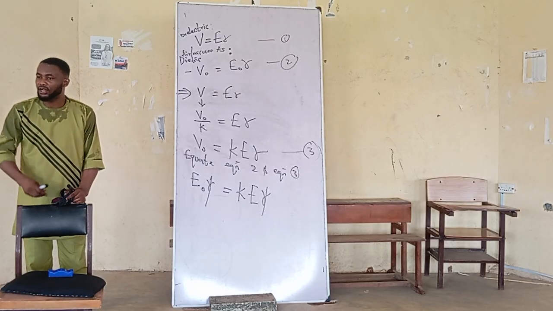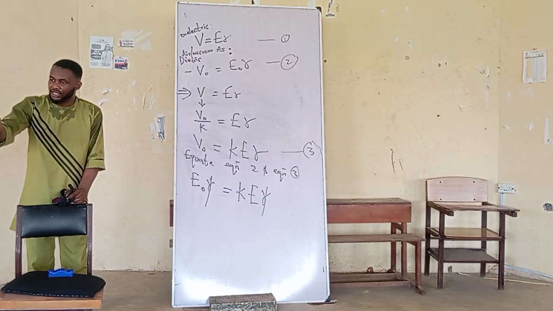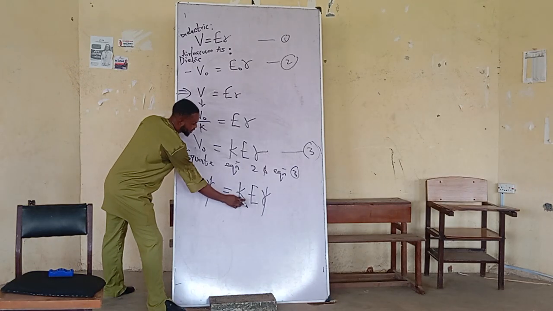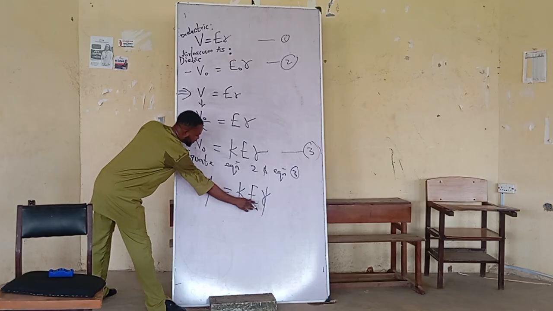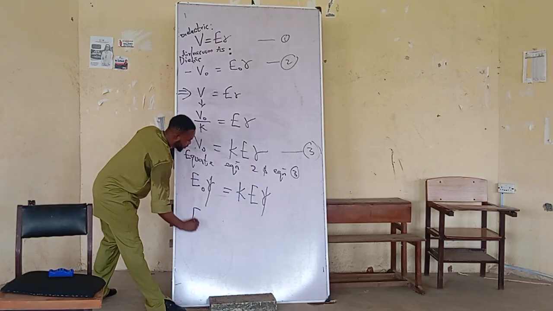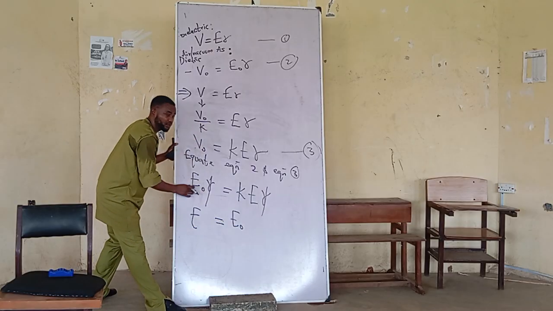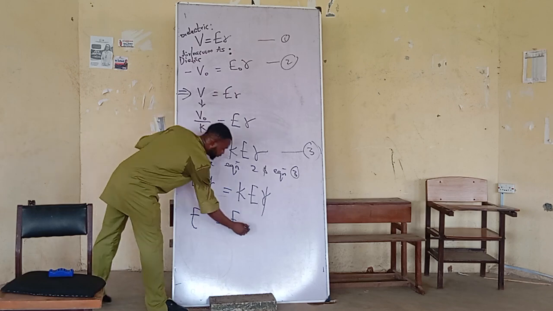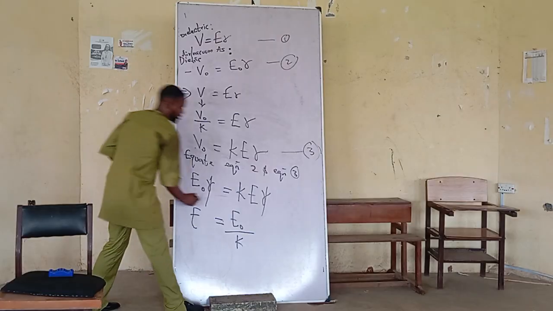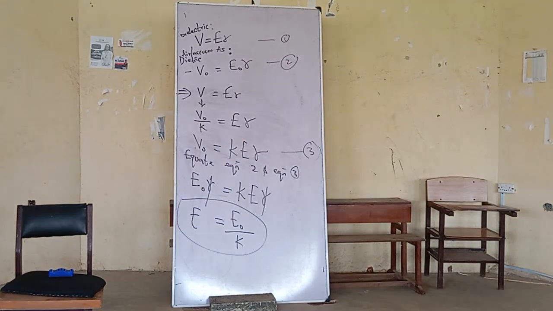That will tell us the action of the dielectric here: it's either increasing it or decreasing it. So that is our goal. I want to make E the subject of the formula, because K is attached to it. So E will be equal to E naught over K, where E naught is the electric field for the capacitor in air. So this is the final answer, which means they have an inverse relationship.